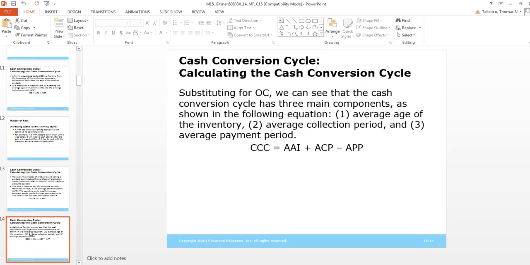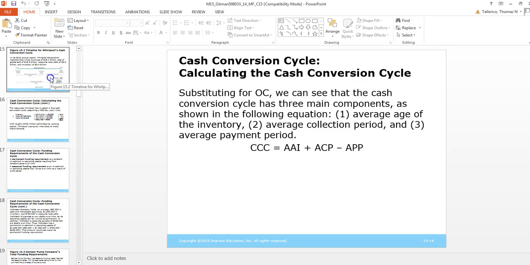If we combine those two equations, we get this final equation, which is quite important: the cash conversion cycle is the average age of inventory plus the average collection period minus the average payment period. This simple math equation gives you the cash conversion cycle.